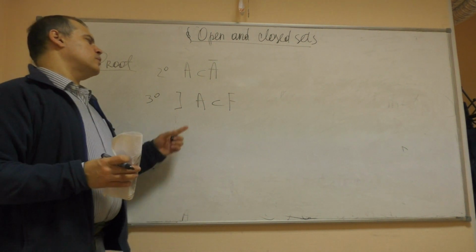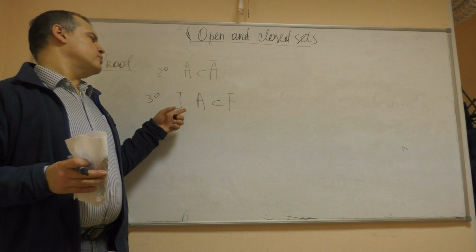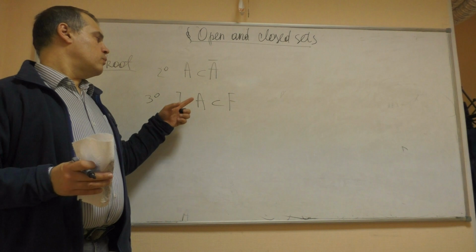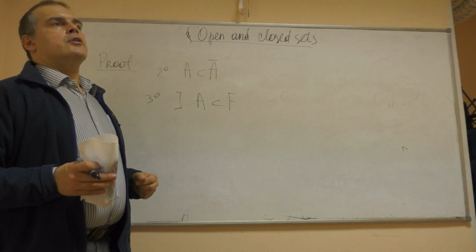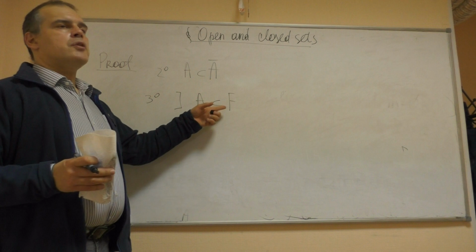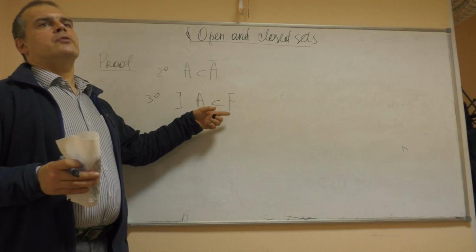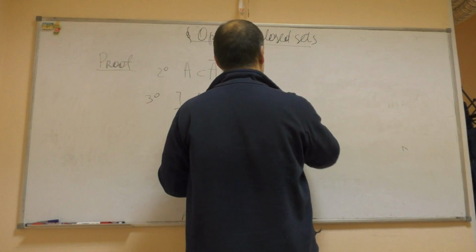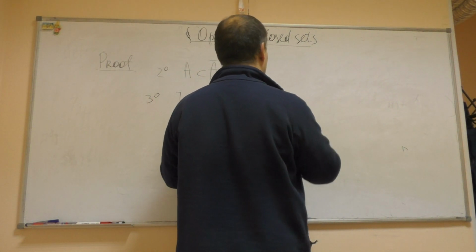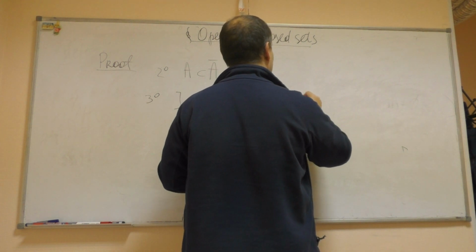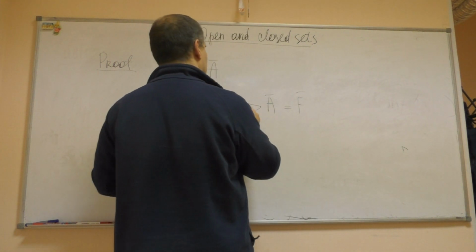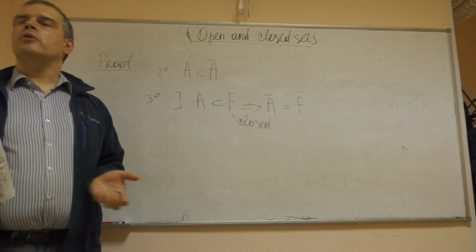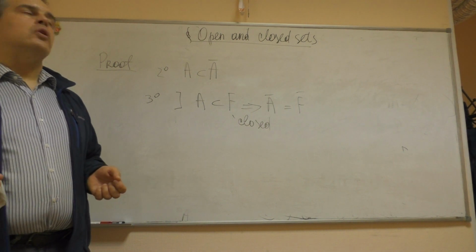So if some point is a limit point of A, in any neighborhood there are points of A, as a part of F, which means that in any neighborhood there are also points of F. So it implies that closure of A belongs to closure of F. But F is closed, which means it contains all limit points.